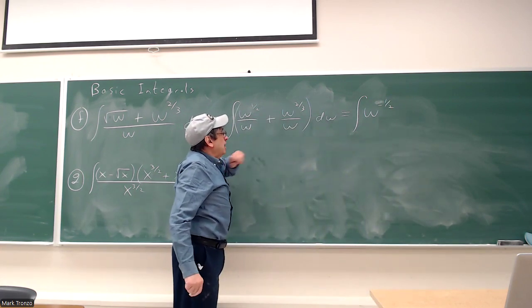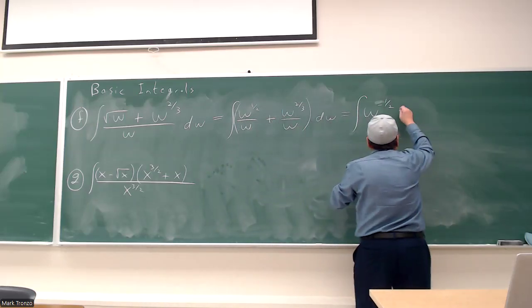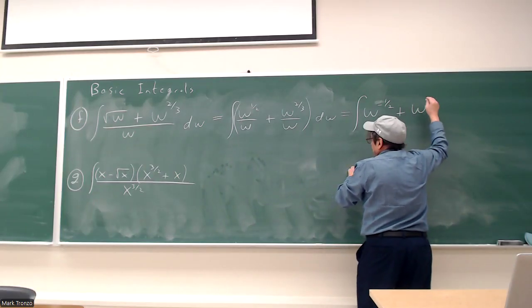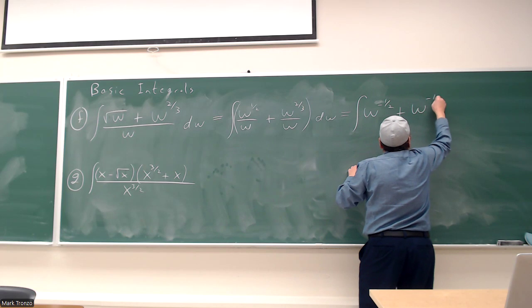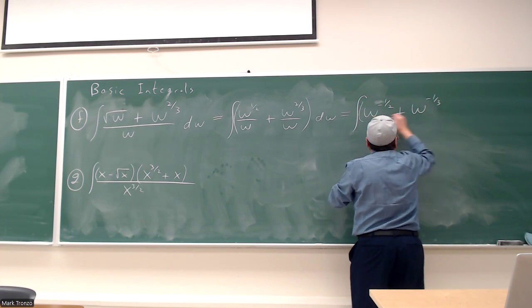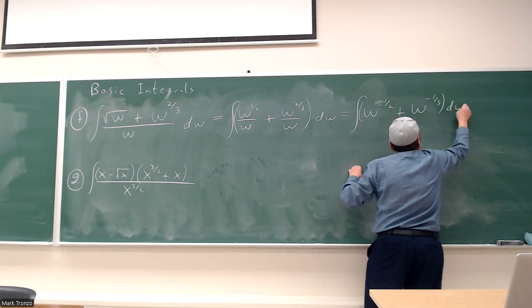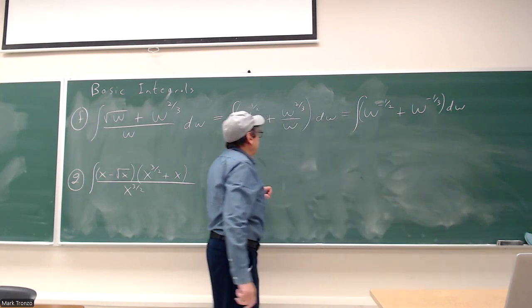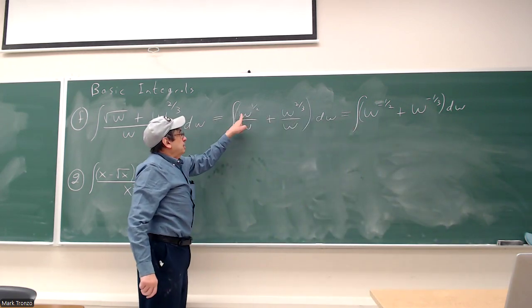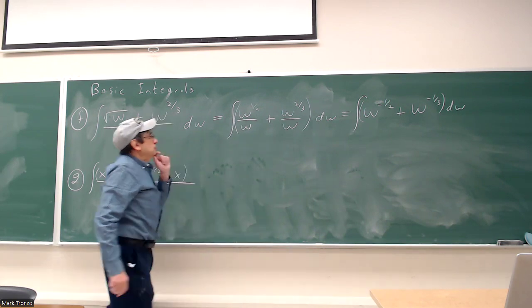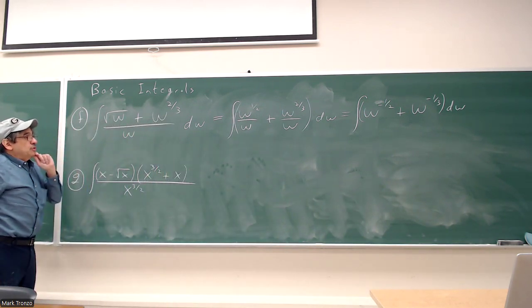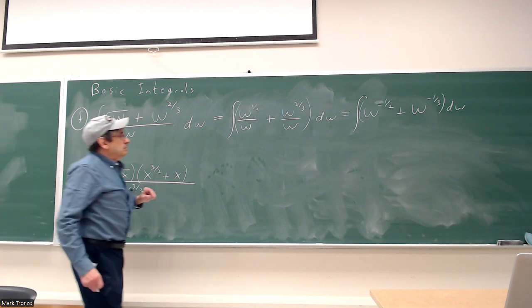And when you bring this one up, this is going to be W to the -1/3. And all I did was bring this up, multiply the W's, and add the exponents, -1/2, -1/3 over there.